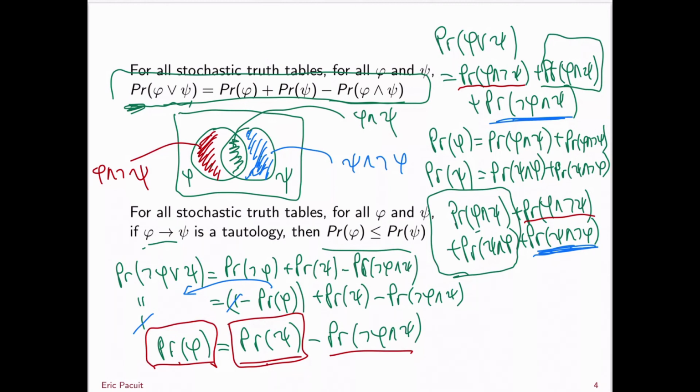So this value might be 0, so the probabilities of phi and psi might be the same. But if this probability of not phi and psi is non-zero, then the probability of phi must be less than or equal to the probability of psi, because this is a positive number. So you're taking one number minus some other positive number, and you get this first number.